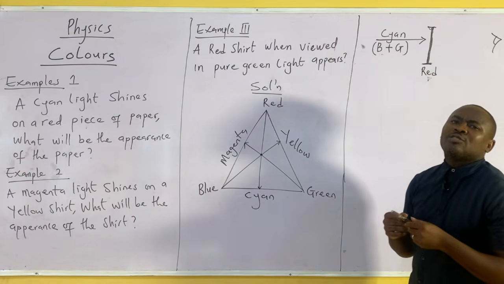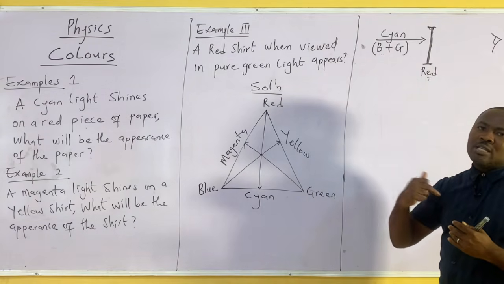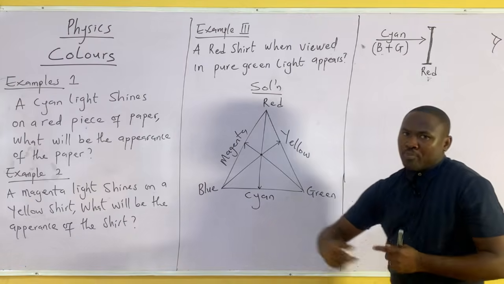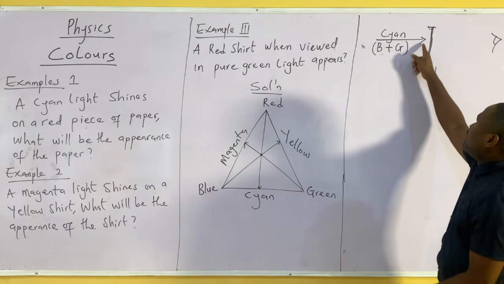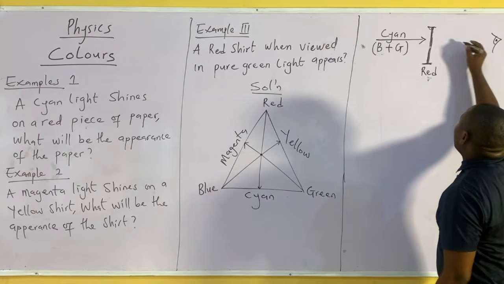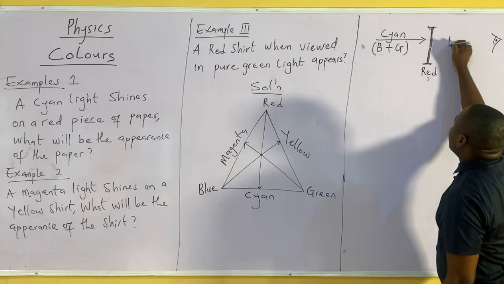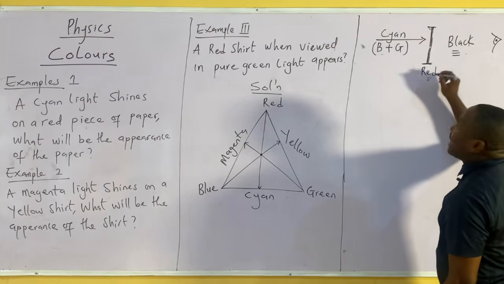Red will reflect red. It will absorb all and allow only its own color to pass through. Because there is no red, it will stop the blue and green, meaning what this eye will see has no color, hence it will be black.